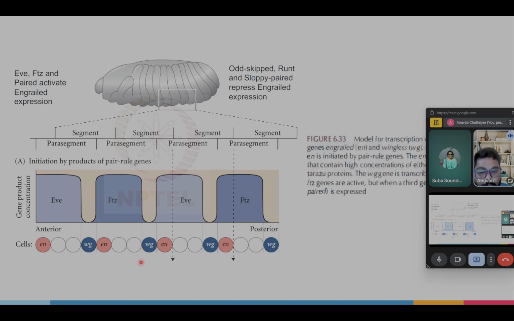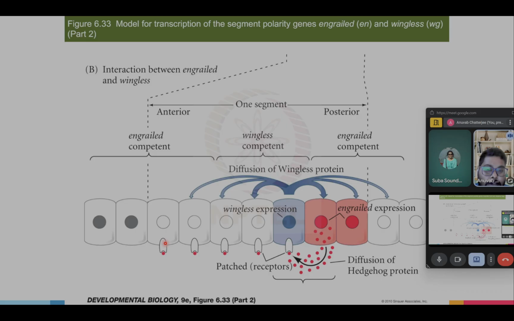Once the segment polarity genes are activated, engrailed and wingless both, engrailed is a transcription factor being activated, and now cellularization has occurred. So now you see we actually make the cell boundaries.